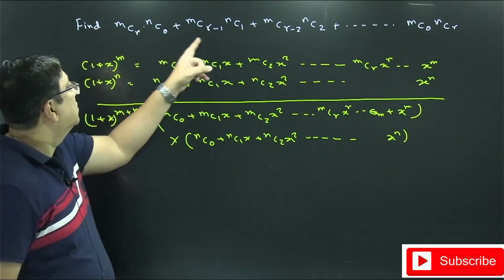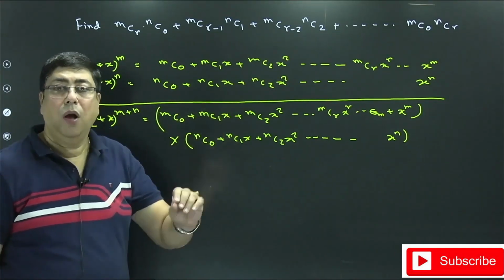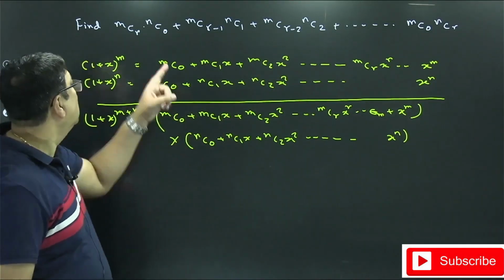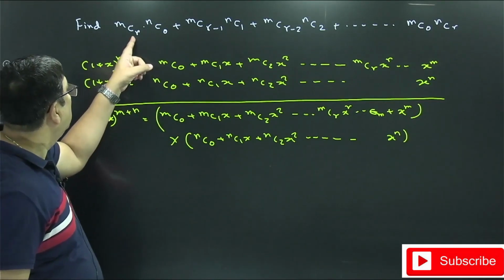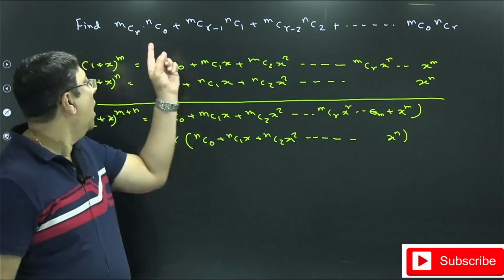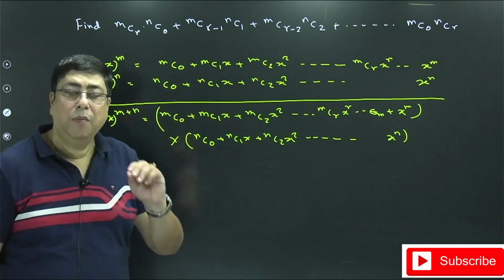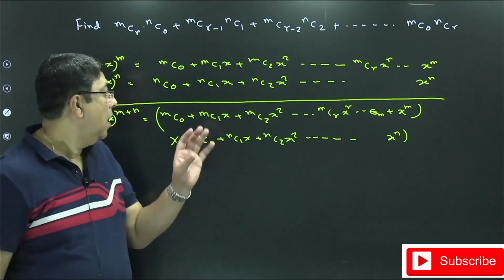Remember, it is extremely important how to count, how to remember this thing. In this case, if this r part is the constant, r plus 0, r minus 1 plus 1, then we have to apply this method.